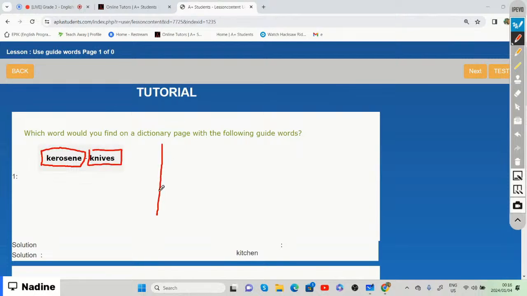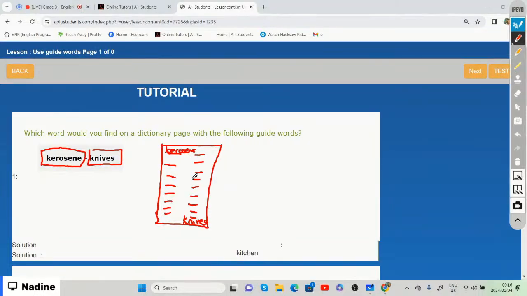Meaning if you have the page in the dictionary, that word, kerosene, will be the first word on the page, and knives will be the last word on the page.